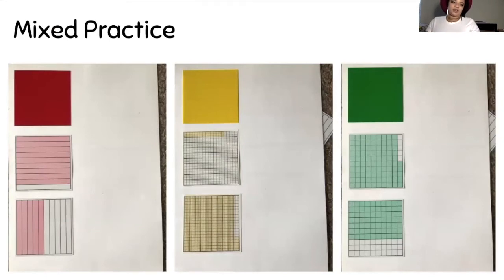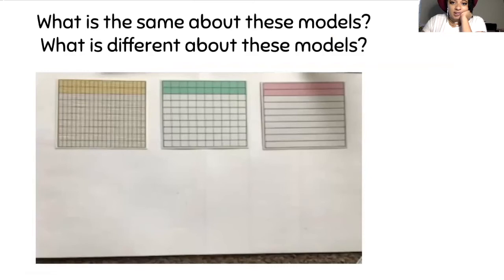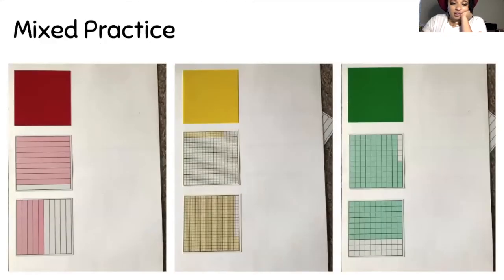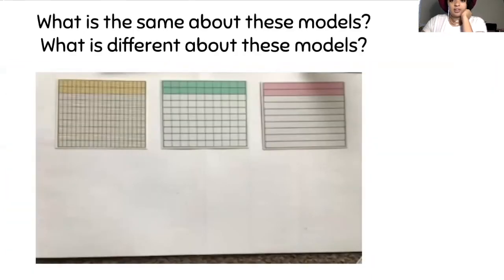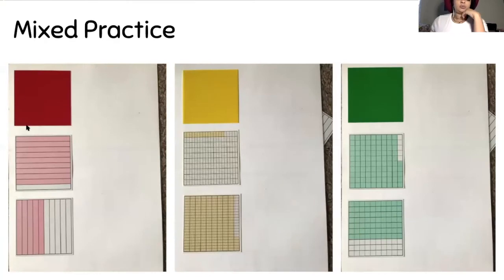Pause the video here and go ahead and work on these 3 examples. Okay, for the first one, we know that we're working with tenths because there are 10 parts here.